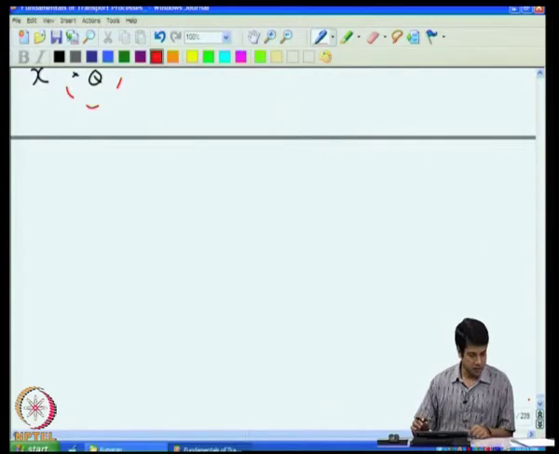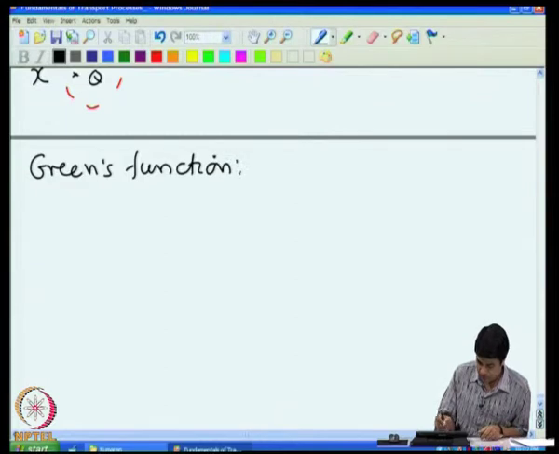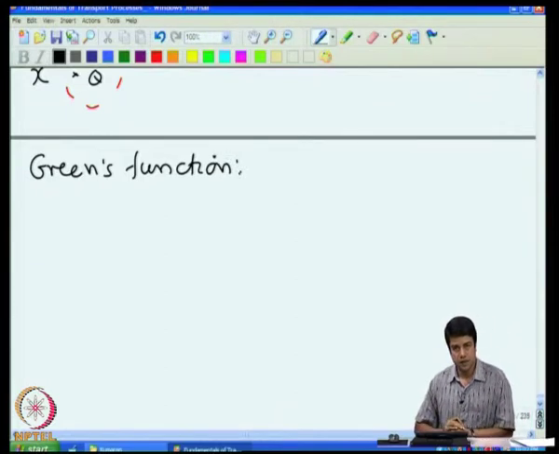So, let us continue our discussion of delta function sources and sinks. The Green's function can be defined in various ways, but for the present heat conduction problem, let me define it formally.